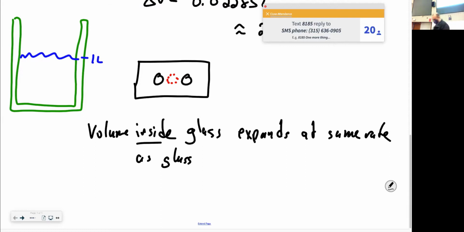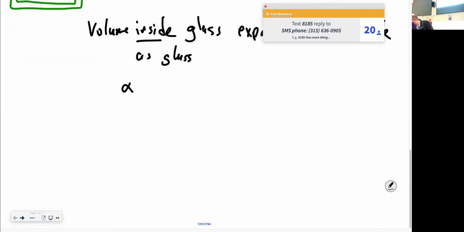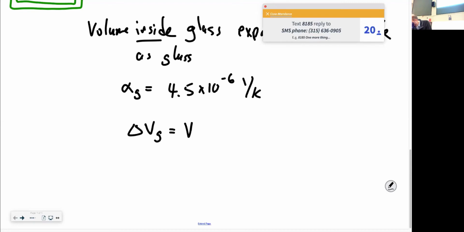How much will it have expanded? Well, I'm going to tell you that alpha for glass is 4.5 times 10 to the negative 6 per Kelvin. But remember that we really want delta V is equal to V_g times beta glass times delta T. But that's okay, because if we have an alpha, we can very easily calculate a beta value.